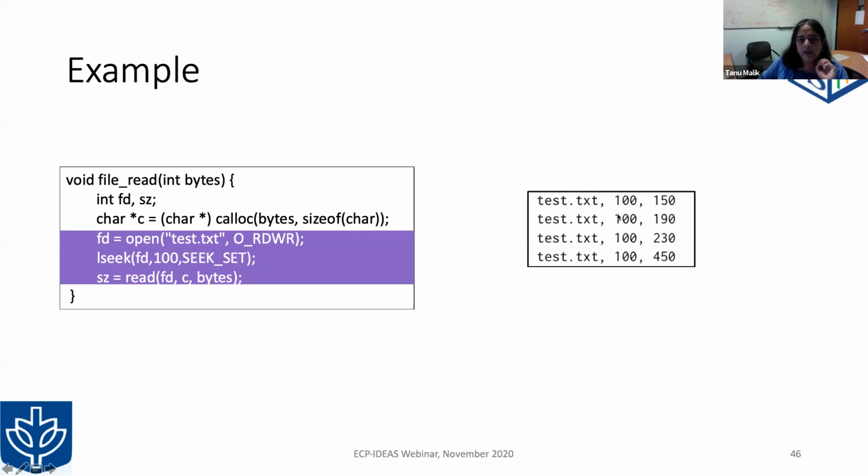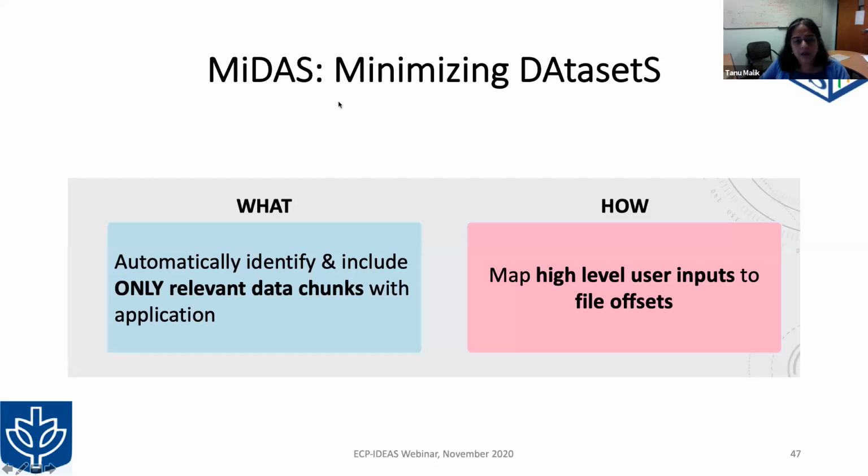But here, we don't know, and we might just include 100 to 450, because that is what the application uses. So MIDAS is that tool, minimizing data sets. It is automatically identifying and including only the relevant data chunks and mapping these high-level user inputs to file offsets.